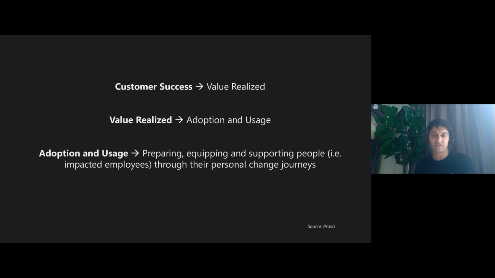I just wanted to highlight how closely tied together value realization, customer success, and adoption actually are. You can't have one without the other. They're interdependent. So customer success is really about adoption and usage, and how you empower your end users through their personal change journeys.